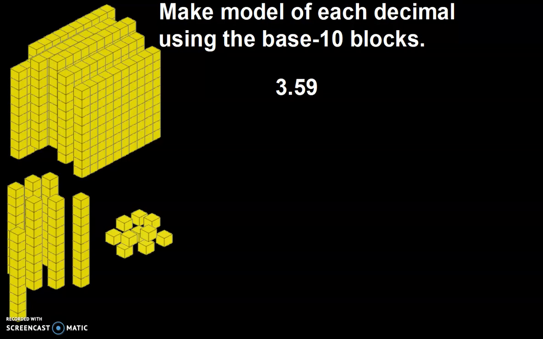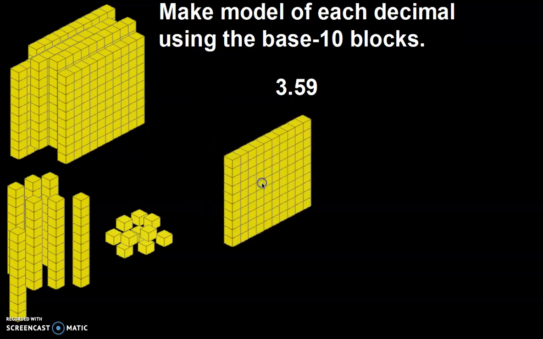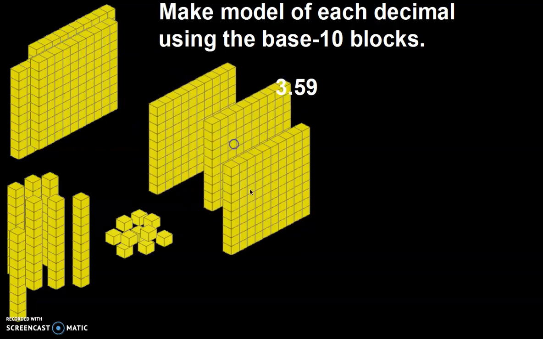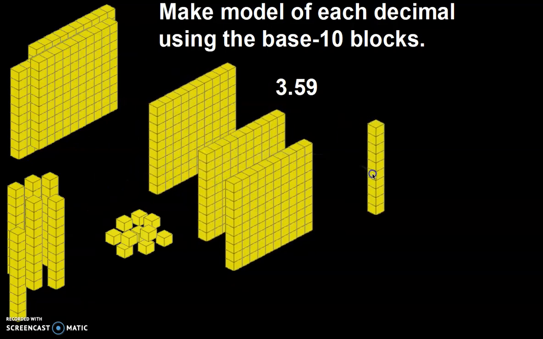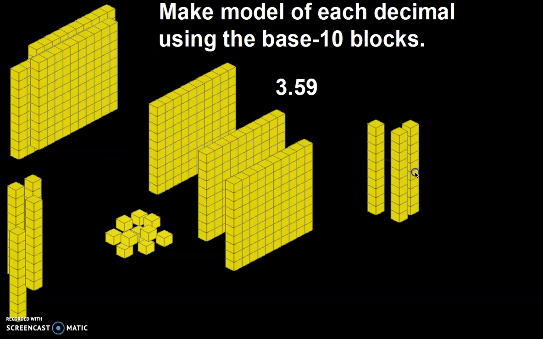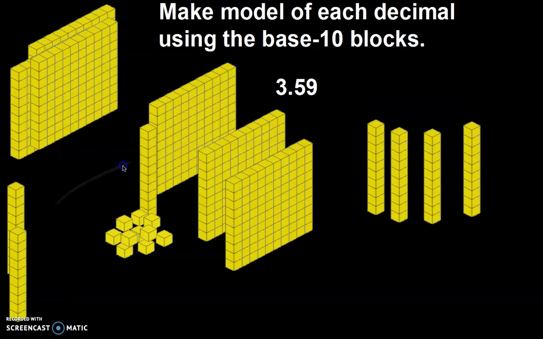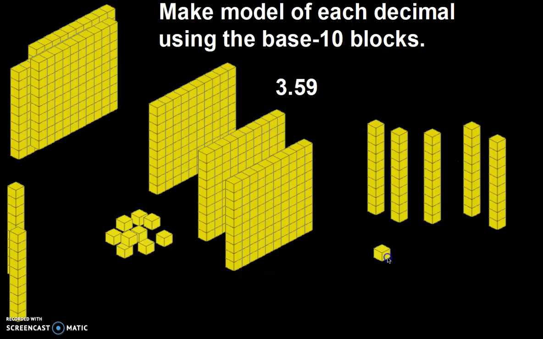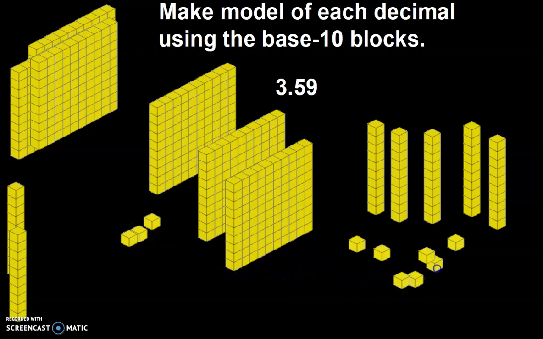So if we say this is 3 and 59/100, that's 3 wholes, 3 ones, and then 5/10, 50, and then 9 units, 51, 52, 53, 54, 55, 56, 57, 58, and 59. So that is 3 and 59/100.